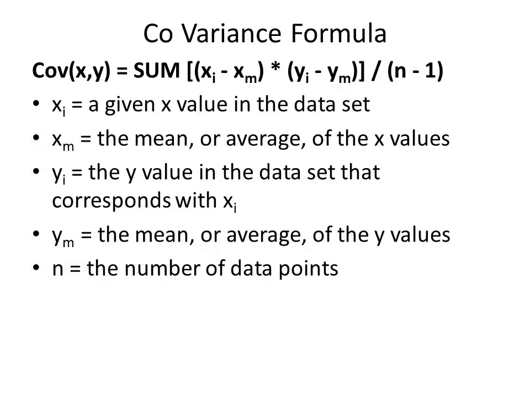Here xi is a given x value in the data set. Xm is the mean or average value of the x values. Yi is the value in the data set that corresponds to xi, ym is the mean or average of the y values, and n is the number of data points.